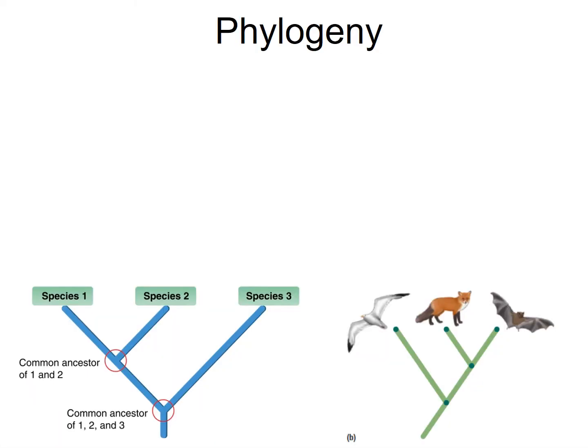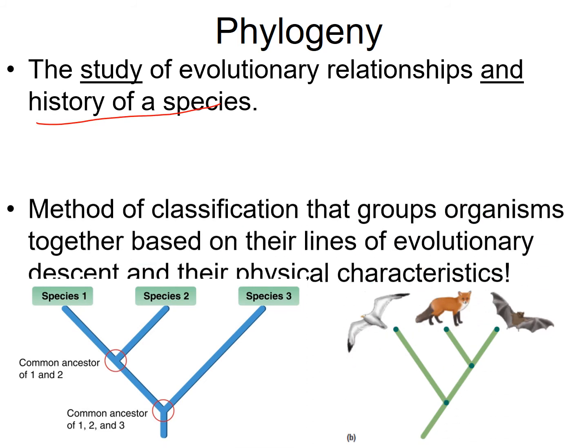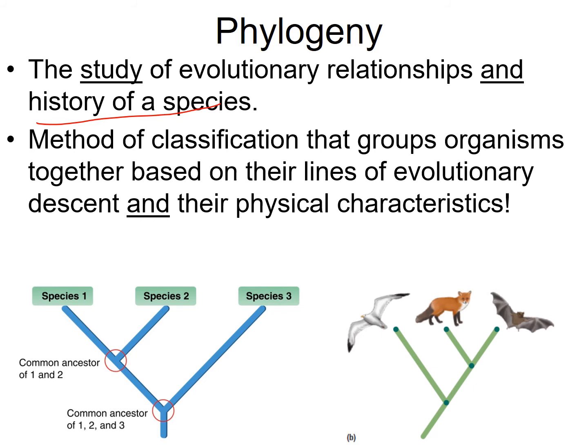Now, since that is over with, we are going to the phylogenetic tree. Now, the phylogenetic tree is on the EOC. Okay, this is a study of evolutionary relationships and the history of species. All right, so the method of this is that groups of organisms are put together based on their lines of evolutionary descent and their physical characteristics.